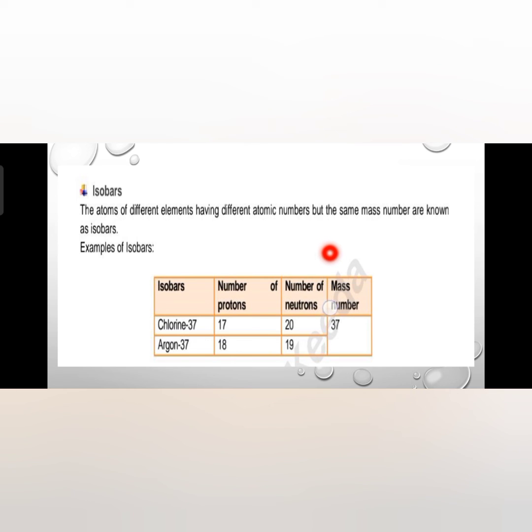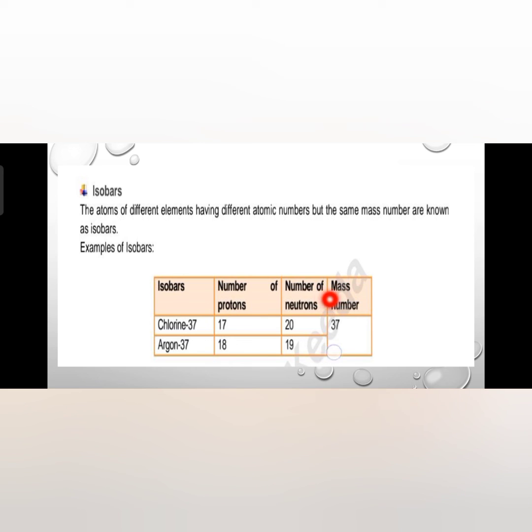Now coming to the isobars. What are isobars? The atoms of different elements having different atomic numbers but the same mass number are known as isobars. The properties of elements depend upon the atomic number, so they have different physical and chemical properties. Examples of a few isobars are chlorine-37 and argon-37.